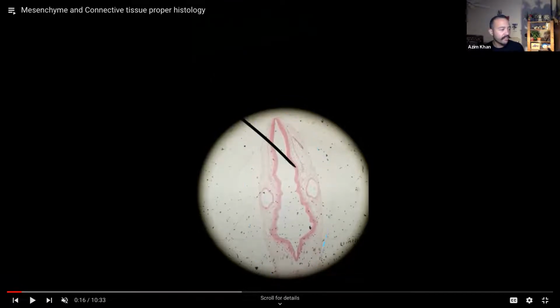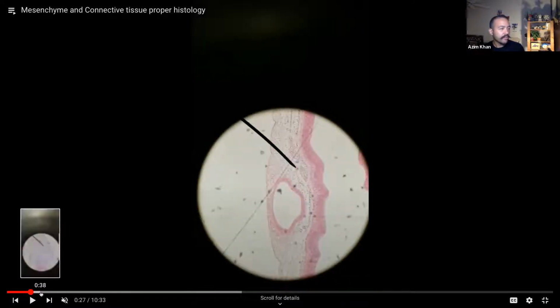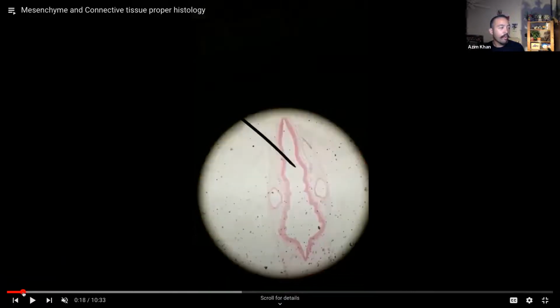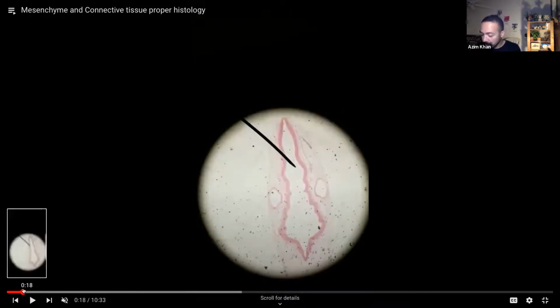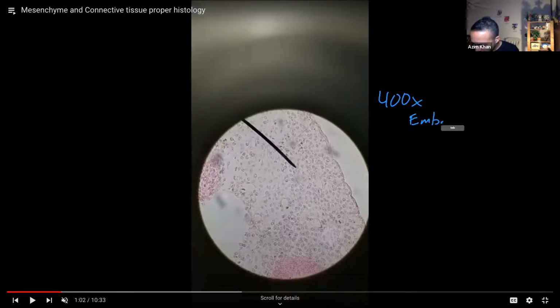Let's go closer. This is 40x. This is 100x. Oh, and let me back up. What we see here is an embryo, a slice of an embryo. All right, here's 400x. These cells that you see here are spaced out.